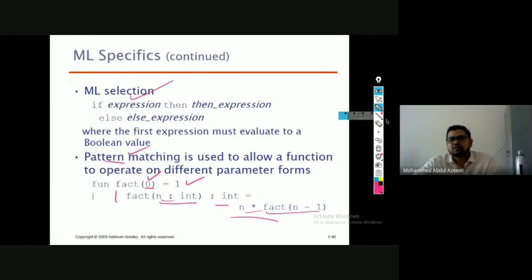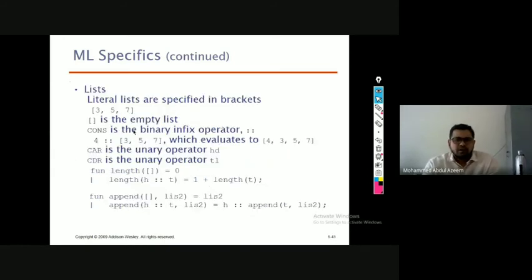ML specifies list literals in brackets, and the list here is presented with the help of square brackets. If it is null, it is going to be empty here. And we have the cons operation basically to append the elements or concatenate the elements, which generates the concatenated list.